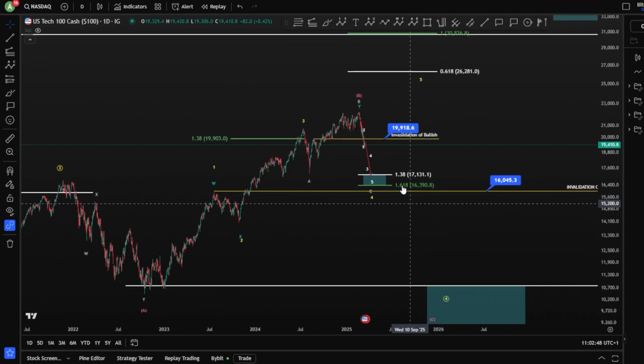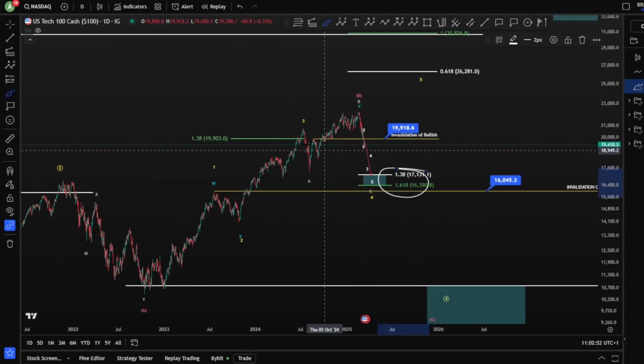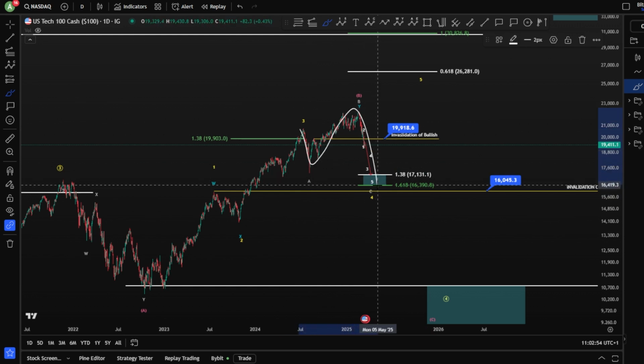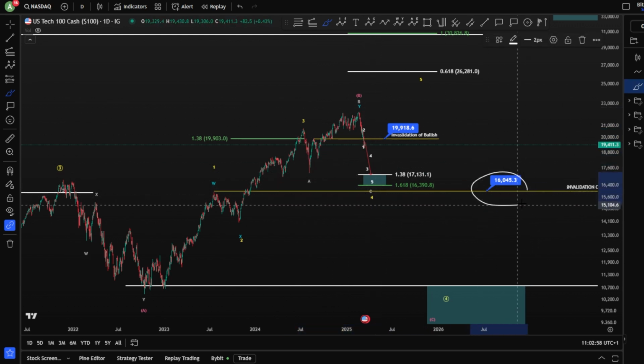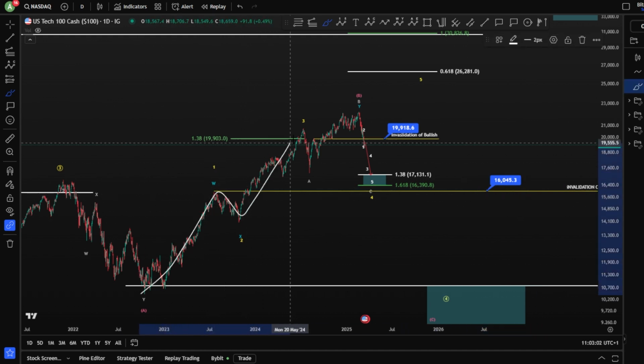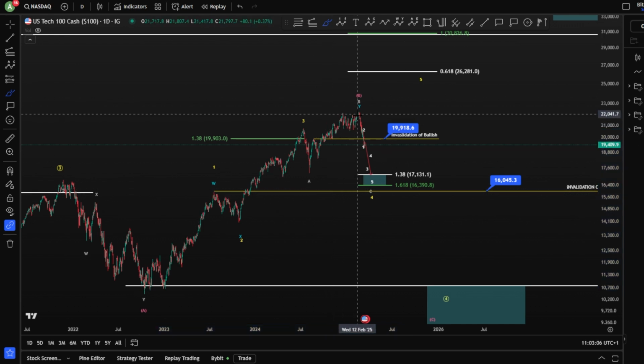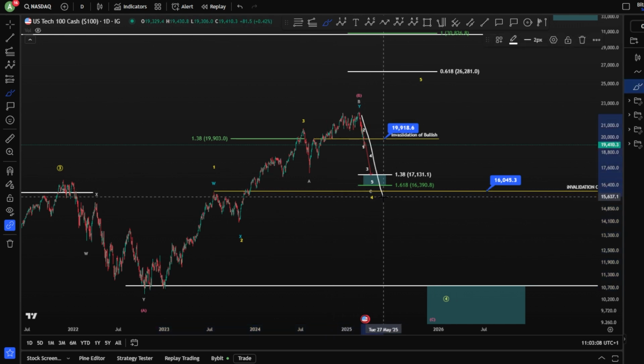Meaning, if the price moves toward the downside here to take the fib levels for an ABC expanding flat, and it drops a little bit more, taking the 16K, it will directly invalidate this impulse as 1, 2, 3, 4, and a 5. Why? Because a wave 4 is not allowed to interfere with the zone 1.